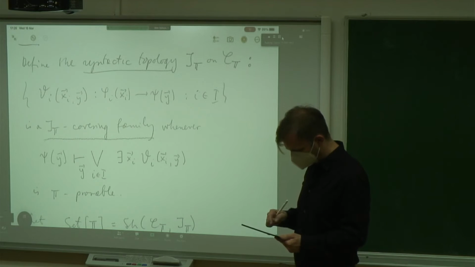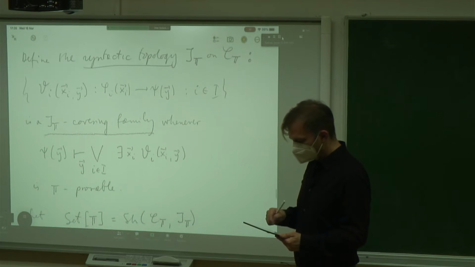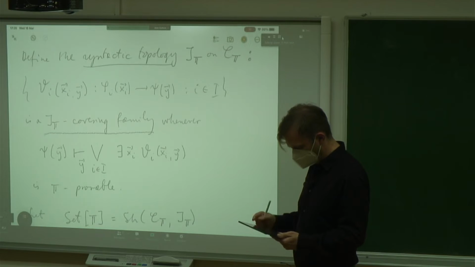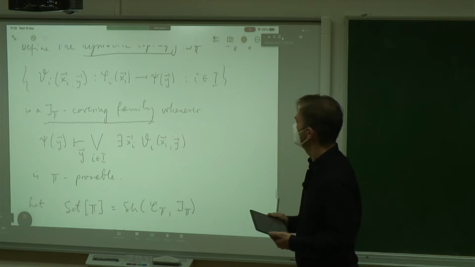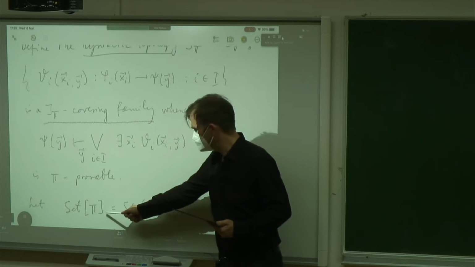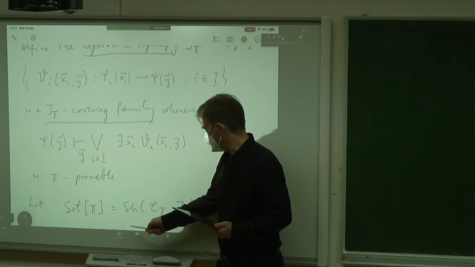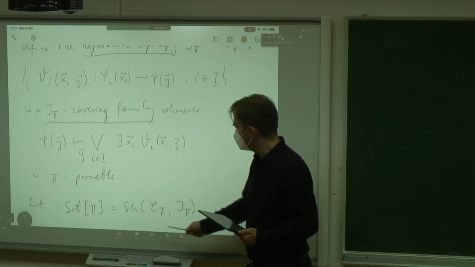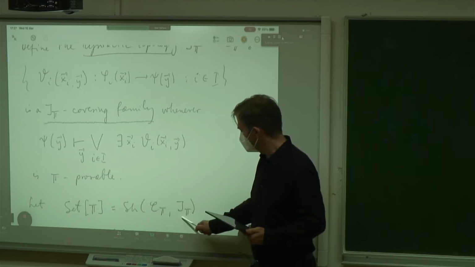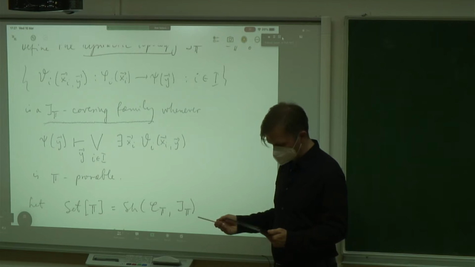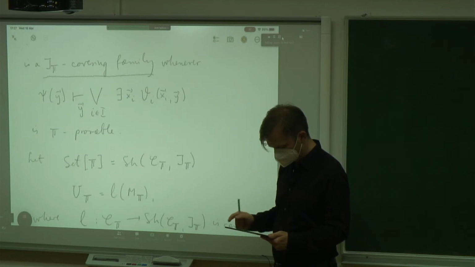So this is the syntactic topology, and the classifying topos, we claim, is the category of sheaves on this site, so the syntactic category equipped with the syntactic coverage.